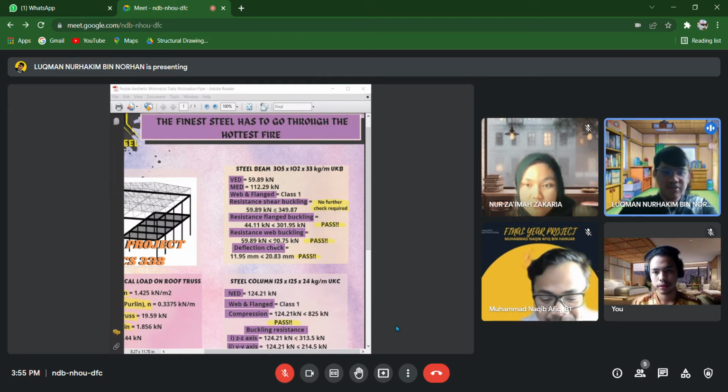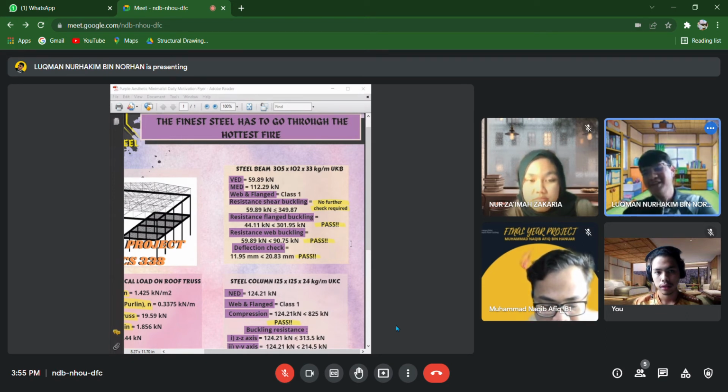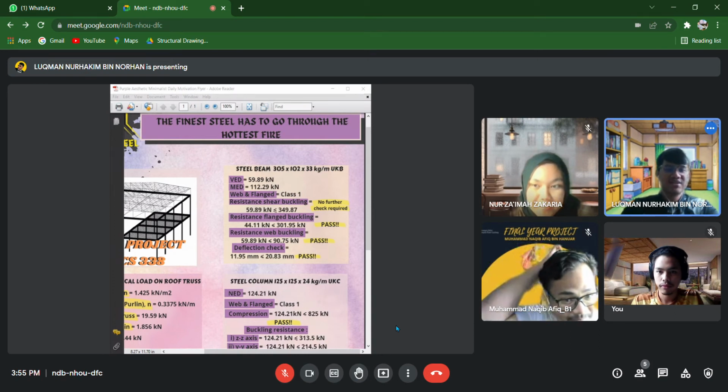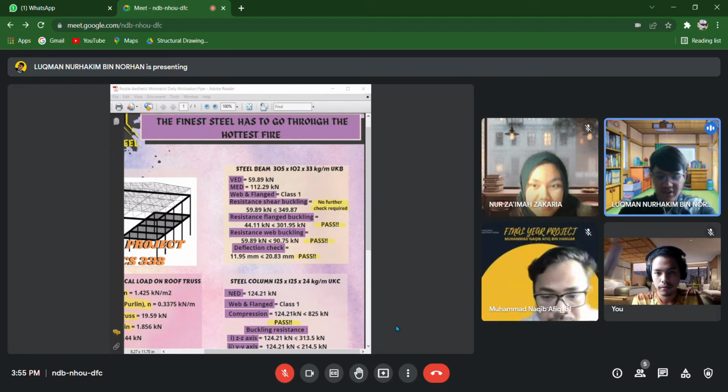The shear buckling resistance does not need further checks. For the flange buckling resistance, 44.11 kN is smaller than 301.95 kN, which is our bending moment resistance.